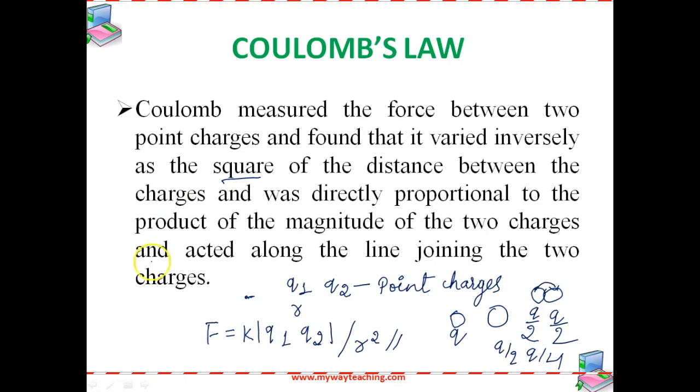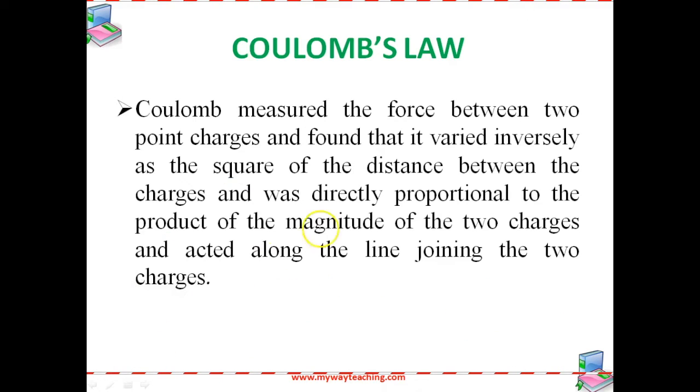So in this equation, we find an arbitrary constant, that is K, isn't it? We can choose this K to be any positive value. And the choice of K determines the size of the unit charge. In SI units, the value of K is approximately 9 into 10 raised to 9.